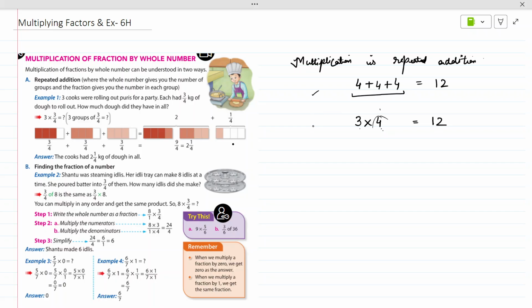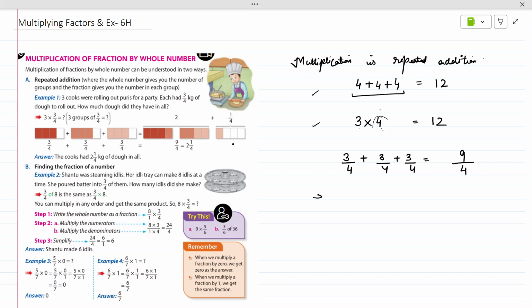So similar thing we have in fractions also. That is, if I write one fraction 3 by 4 plus 3 by 4 plus 3 by 4, let's say, and let's try to add this, we have the same denominator. I can keep it as is and then add the numerators. This will give me 9 by 4. 3 plus 3 plus 3 is 9.